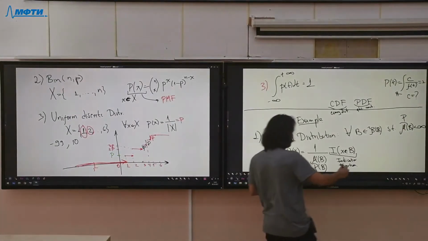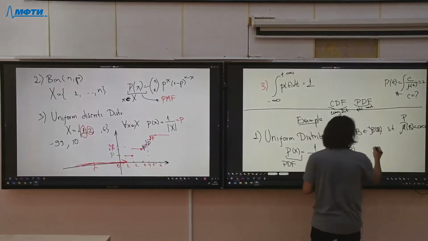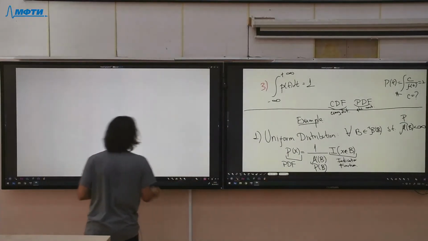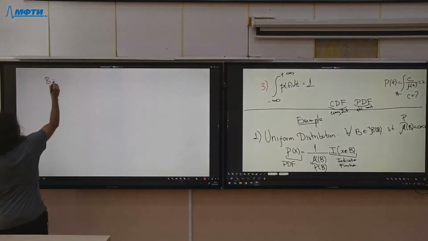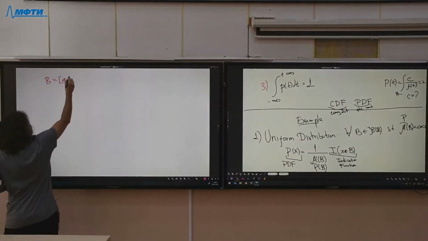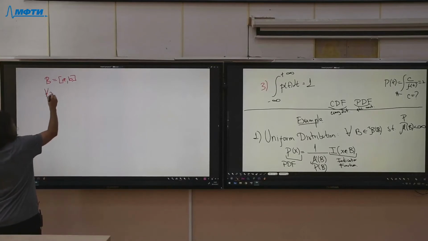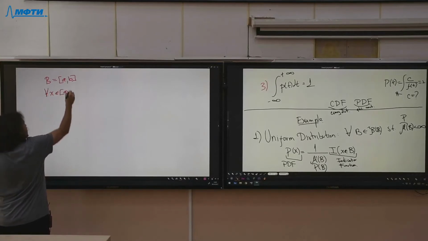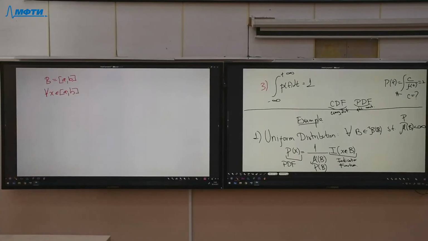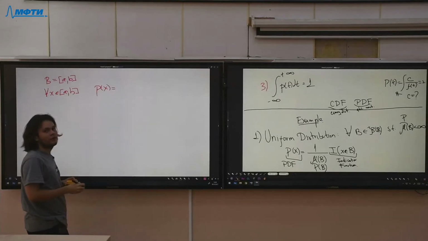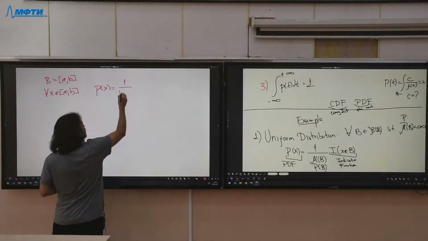So for example, let's change this B. Let's say that B is again the closed interval from A to B. It means that for every point that belongs to the interval from A to B, the PDF is going to be 1 over B minus A, right?